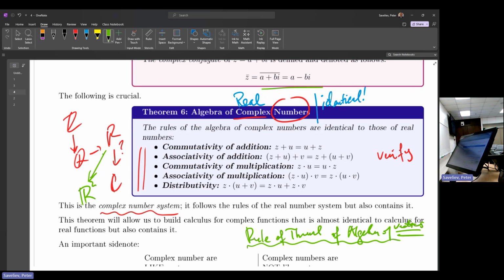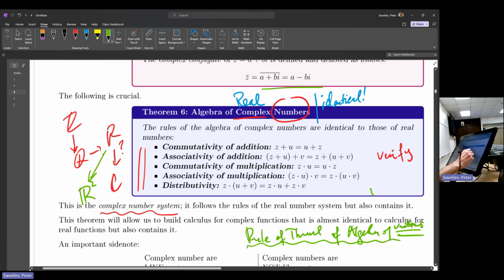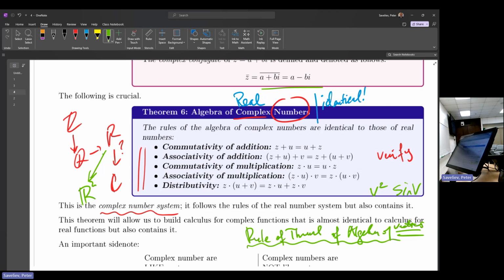As long as your expression makes sense, you can manipulate them as if they're numbers. Remember, certain things you cannot do. For example, you don't really square a vector, and you don't take a sine of a vector. There are a lot of things you cannot do. But as long as the expression itself makes sense, you can carry out all the operations as if they were real numbers, without actually remembering any of these properties. So that's the rule of thumb replacing these five properties.